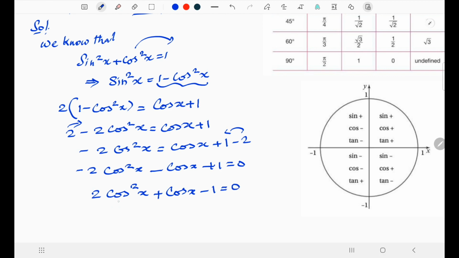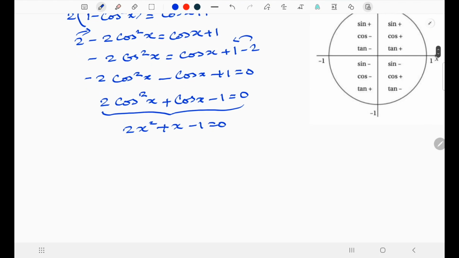Okay, so what is this one? If you remember the quadratic equation, it is like 2x square plus x minus 1 equals 0. What is x here? Say cos x is the x. We need to solve the quadratic equation, we need to find the roots of x. How to find the roots?